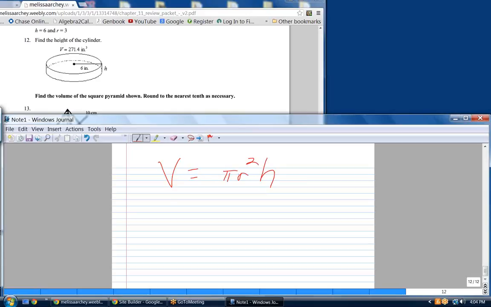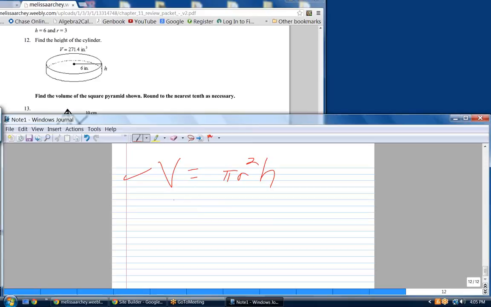But instead of giving us R and H, they've given us the volume. So what can I write next? What's the next thing I want to write to solve for H? They want us to solve for H. Well, they've given us 2 out of the 3 things. We have an equation with 3 variables.